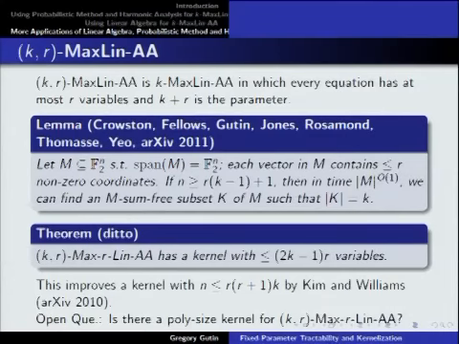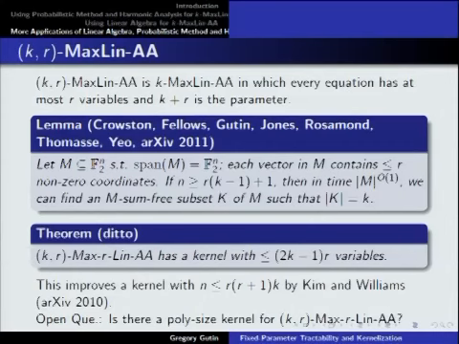Now, let's consider two natural parameters. So here we have a lemma which is similar to the one which we saw before about M some free subsets, but here we assume that we deal with sets M in which all vectors have at most r non-zero coordinates, and then we get that if n is more or equal than r times (k minus 1) plus 1, then in polynomial time we can find an M some free subset of M such that it has at least k vectors.